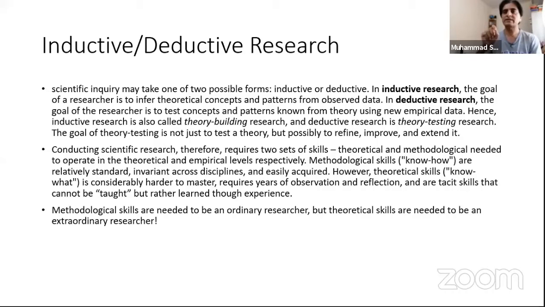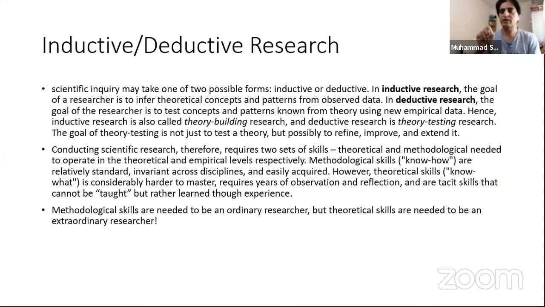So conducting scientific research therefore requires two sets of skills. Number one is theoretical, and number two is methodological. Methodological skill is very easy and you can acquire it in a very easy manner. However, theoretical skill is based on your experiences.